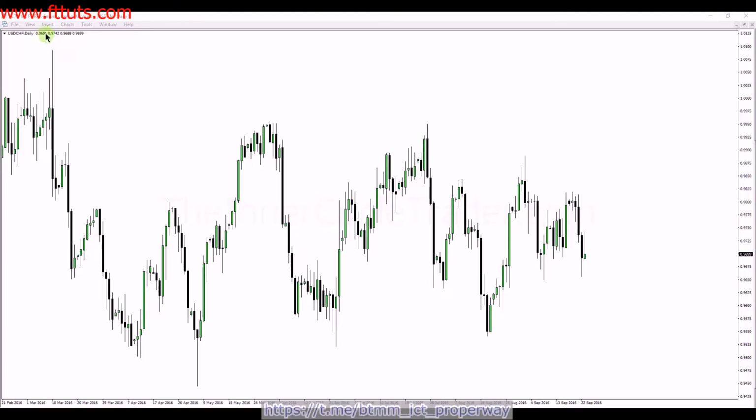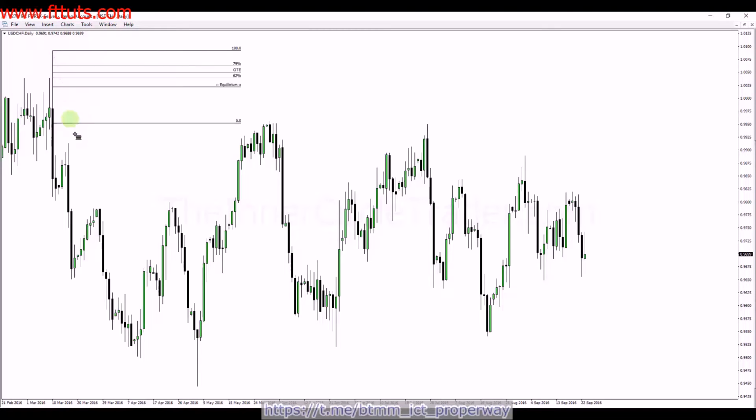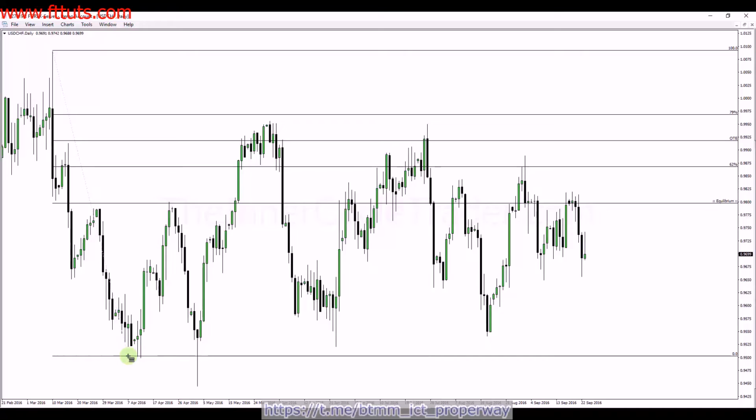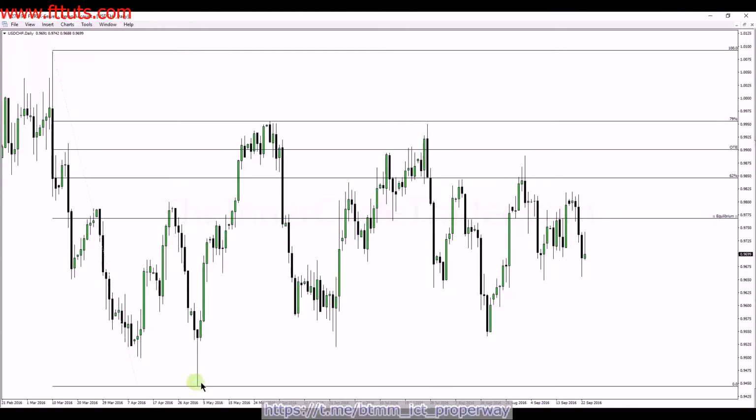When we define our ranges, the use of the Fibonacci is helpful, because we can take the fib and draw it from a high down to a price low. I'm using this low here because it's the lowest in contrast to this high, and price comes all the way back up to what I have taught for many years, the optimal trade entry, which is a standard 79% to 62% retracement level on the fib.